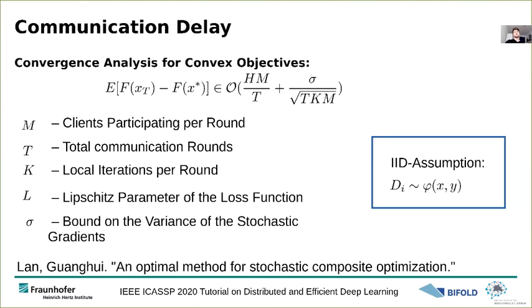K is the number of local iterations, and T is the number of communication rounds. And so, as you can see, as long as you keep the product of the communication rounds and the number of local rounds constant, it doesn't change anything about the convergence rate.